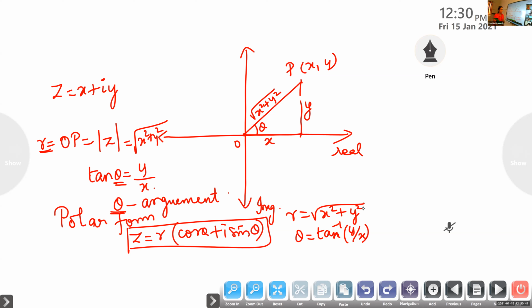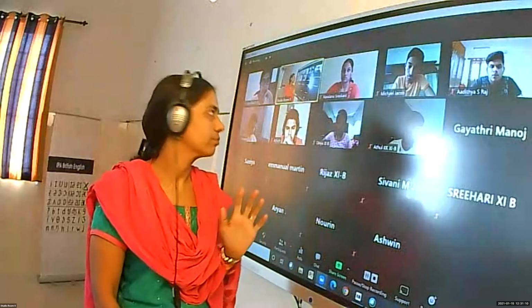That day we learned in trigonometry that the principal values lie from 0 to 2 pi, isn't it? One full complete rotation represents the principal value. But for a complex number, when we take the principal argument, listen children, note this one: it varies from minus pi to pi.